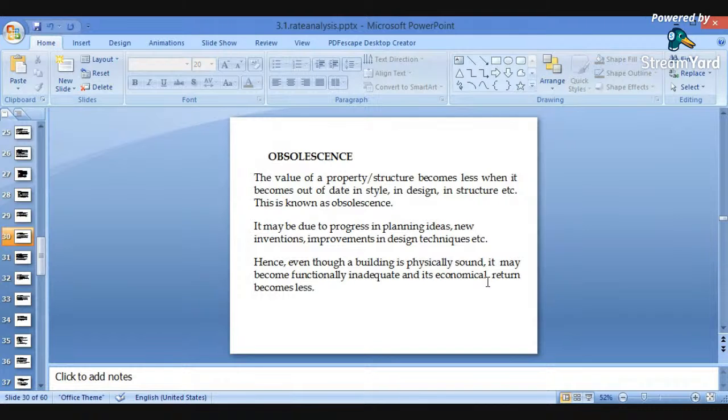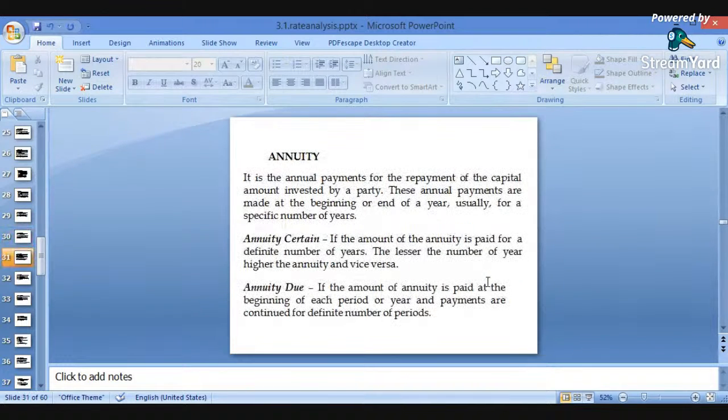In olden days, we have seen the size of the rooms was very small, but the wall size or the strength of the building was more. The living space required for the various rooms was less, and the structure was structurally strong. But due to its functioning or its usage, it has become outdated. So at that time, the value of the property will be decreased.